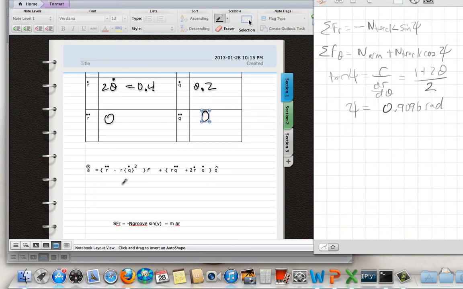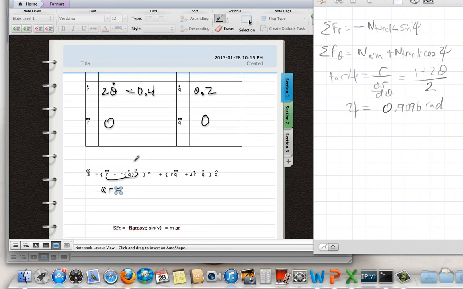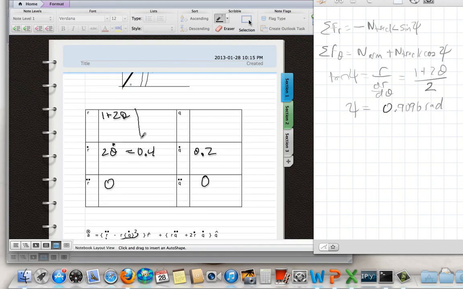So we go ahead to do our kinematics then. This is the radial acceleration, a r. This is 0 minus our value of r. Now we've got to put in our angle, which is pi over 4. So this is 1 plus pi over 2, which is 2.57 or so.